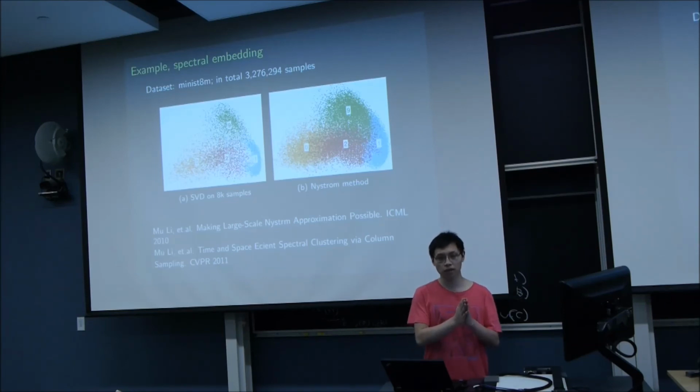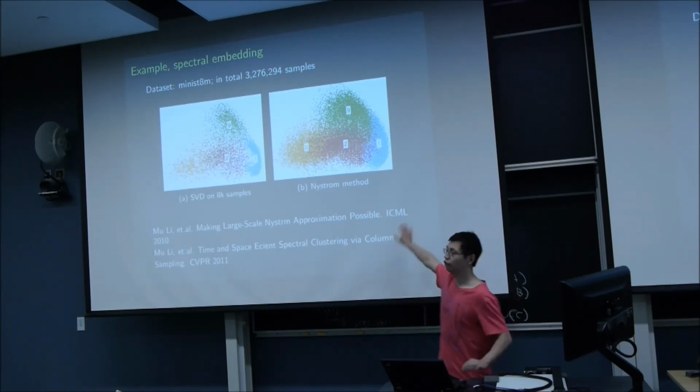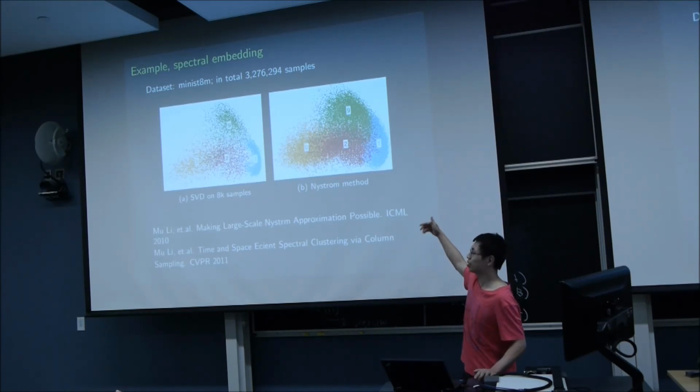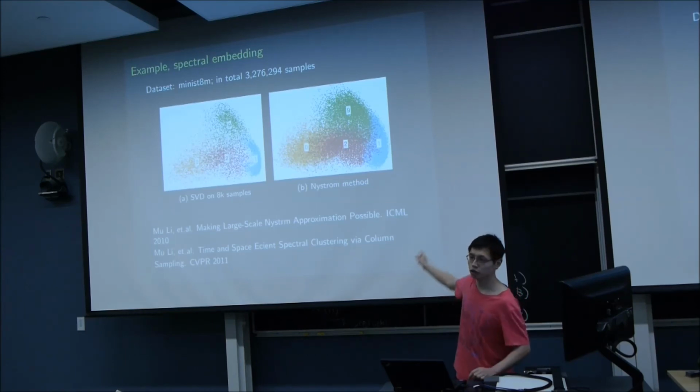We get the leading top 2 eigenvectors and draw a figure using them. So you just reduce the matrix into a two-dimensional space.